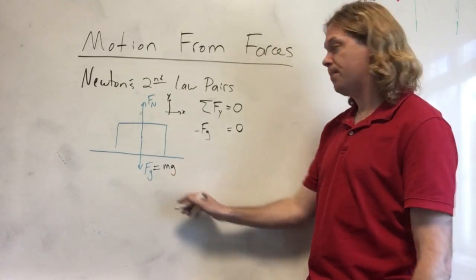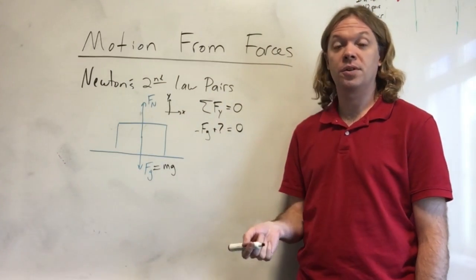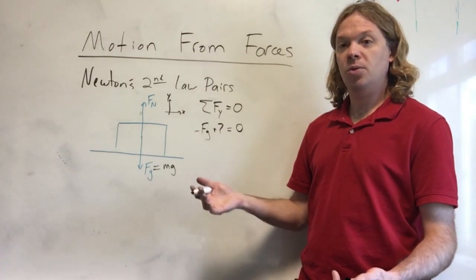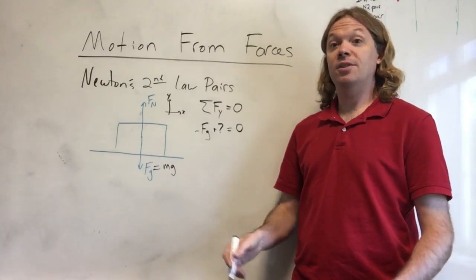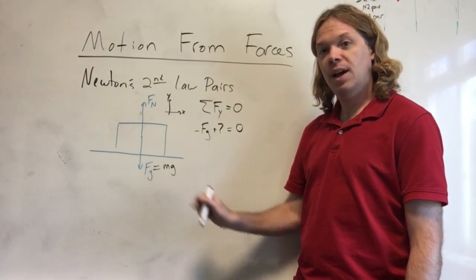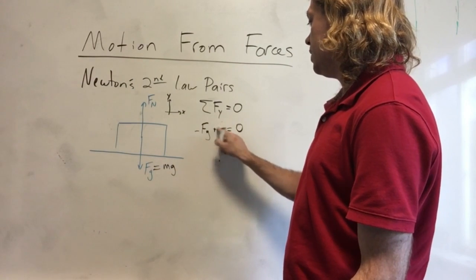It's m times g. So I need something else here in Newton's second law, some other force, which is going to make the sum of the forces be 0. What other force could I possibly have? The normal force is the only possible example in this case. I said there's nothing else in the universe besides the Earth, which is pulling on the box, and the surface. So the only other possible interaction we have is the normal force. So that's obviously what needs to go in here.